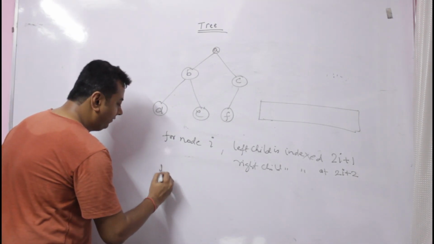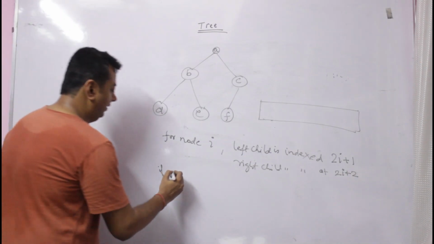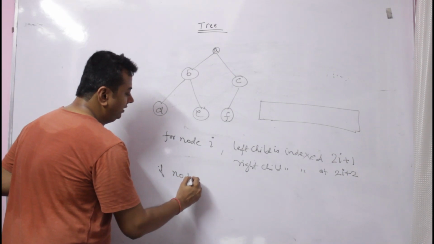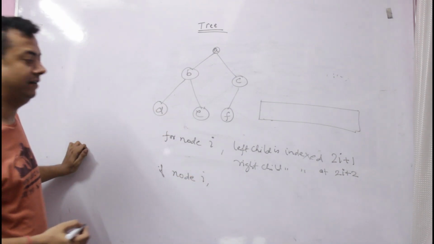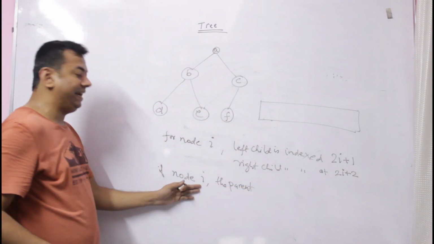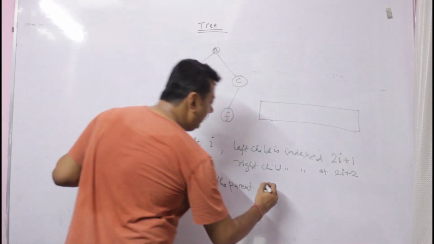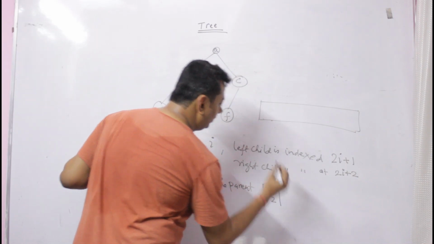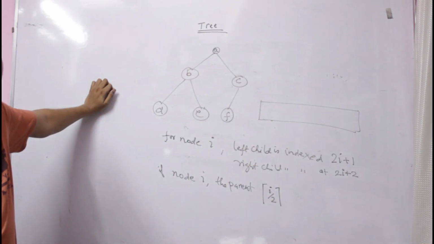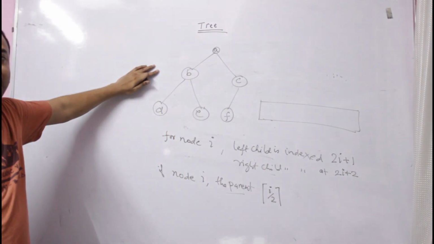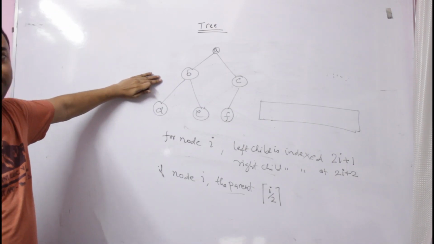And if any node i is given, the parent of this node i will be the ceiling of i by 2. Okay, so what is parent, what is child, let us first see these terms.